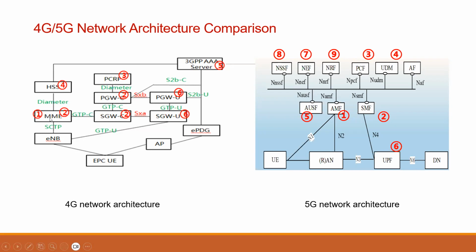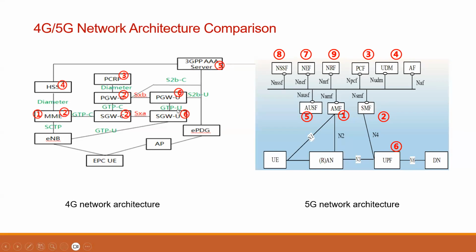So from MME, the access and mobility management function is comprised in AMF. Whereas the session management functionality from MME, SGW, and PGW is now coupled together into one network function, which is called SMF.